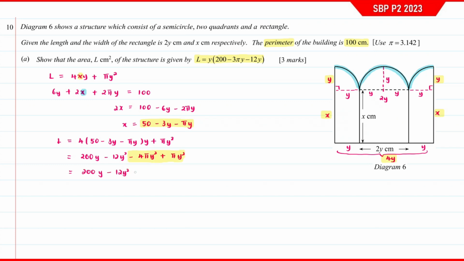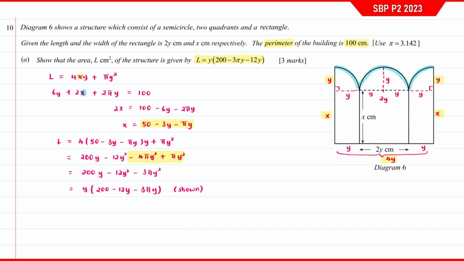So for this part, we're going to get minus 3 pi y squared. Next, we're going to factorize this. So y bracket 200 minus 12y minus 3 pi y. Then the equation has been shown.